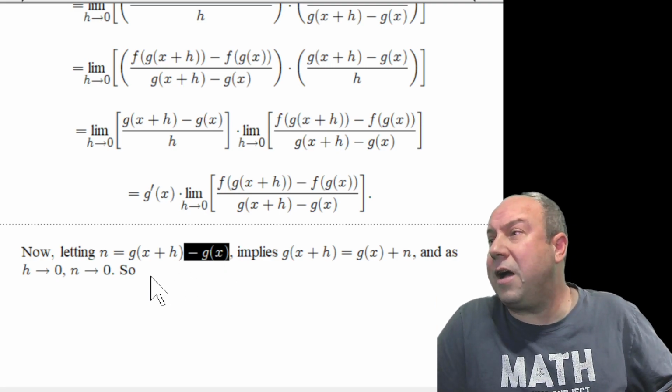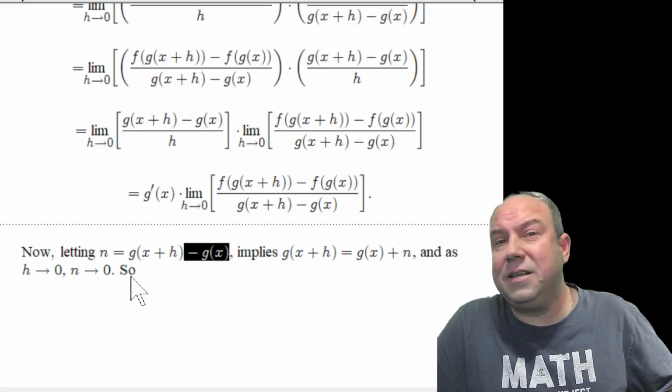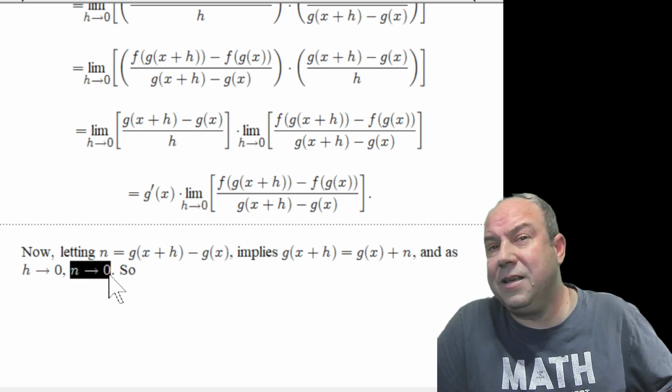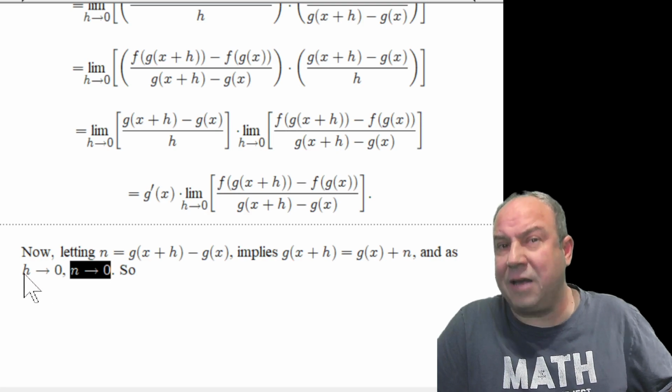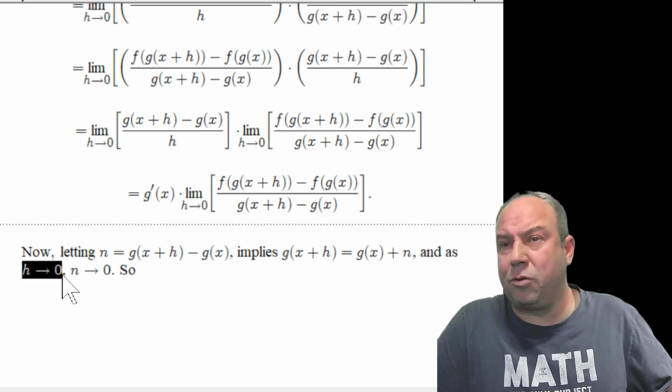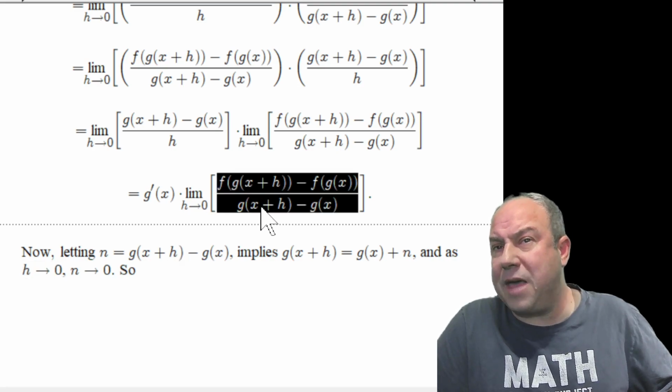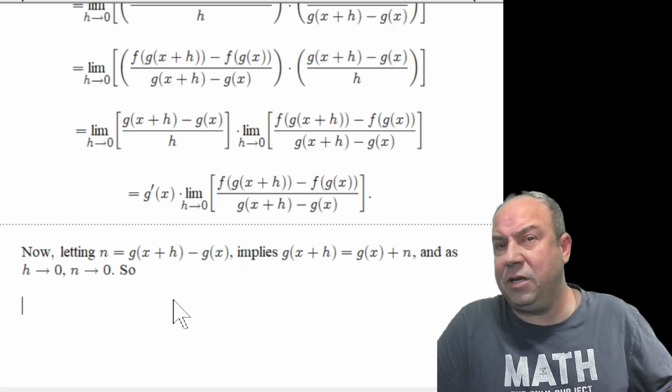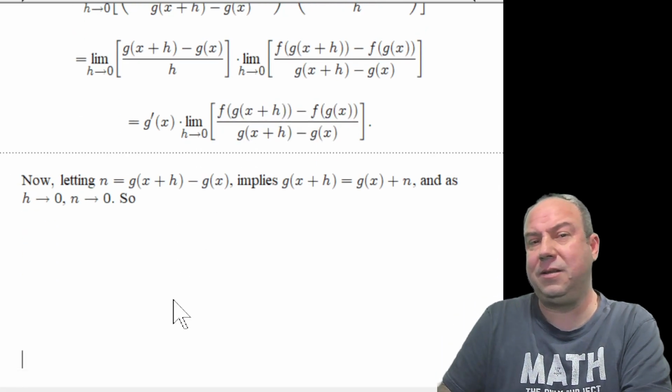So our value of n will also be approaching the value of 0 as h is approaching the value of 0. And we can swap that out in the argument seen up here, and that's what you see that we do in our next statement.